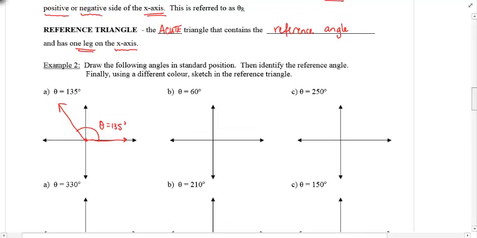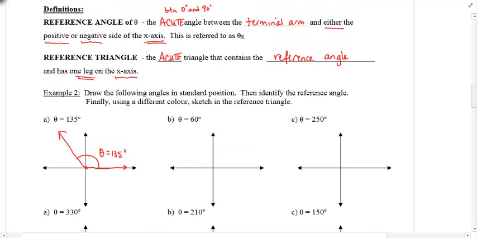Once again, the reference angle by definition is an acute angle between the terminal arm, so here's my terminal arm, and either the positive or negative side of the x-axis. And so in this case, in order for me to create an acute angle, I'm going to have to use the negative side of the x-axis. And yes, this angle in here, that's my theta r.